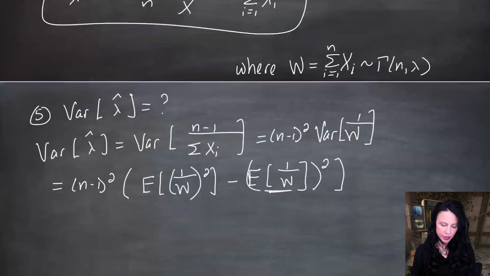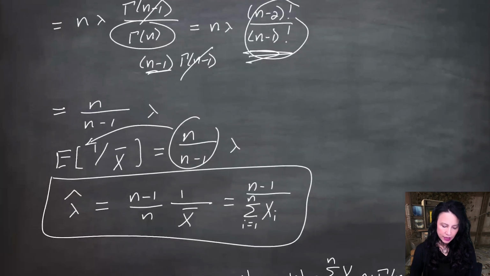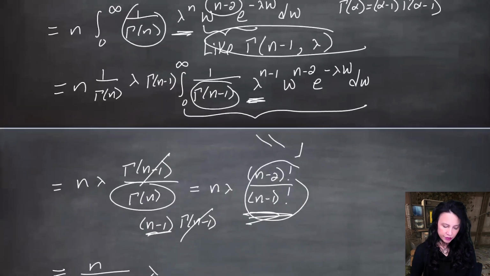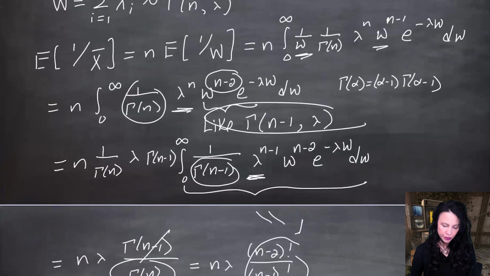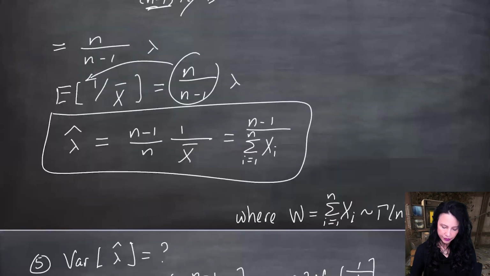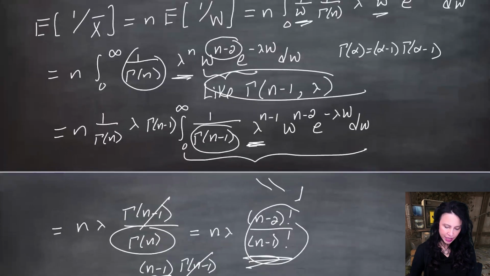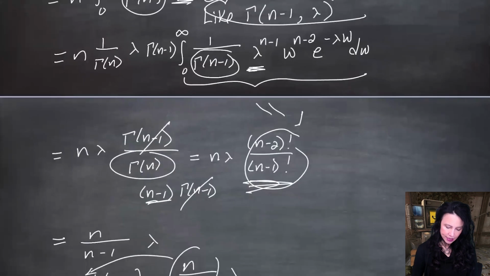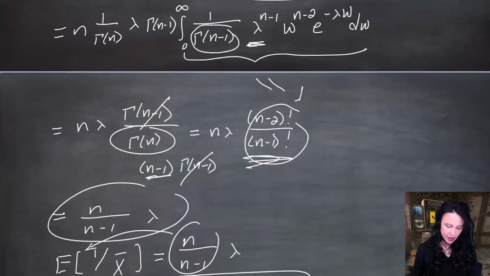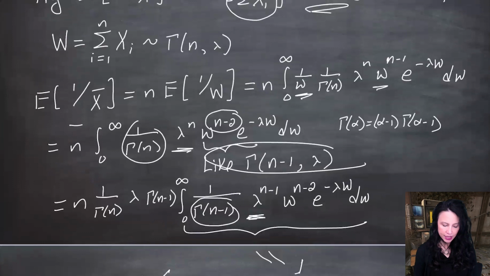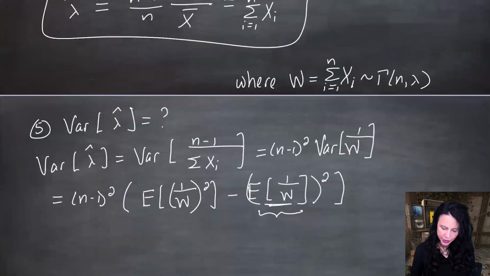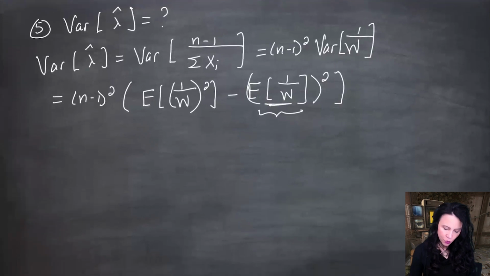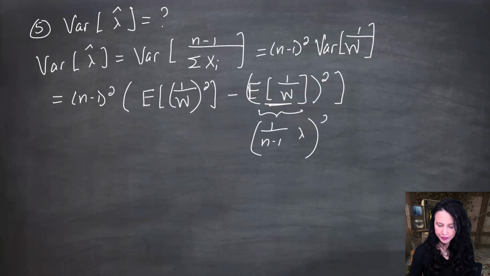And we did just work this one out. The expected value of 1 over w, I have to be careful, because this answer here is not the expectation of 1 over w, it's this. So it has an extra n in it. And so this is 1 over n minus 1 times lambda, and that whole thing gets squared. The only thing we need is this expectation.